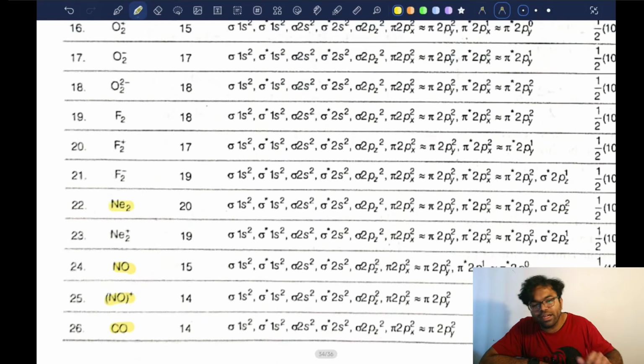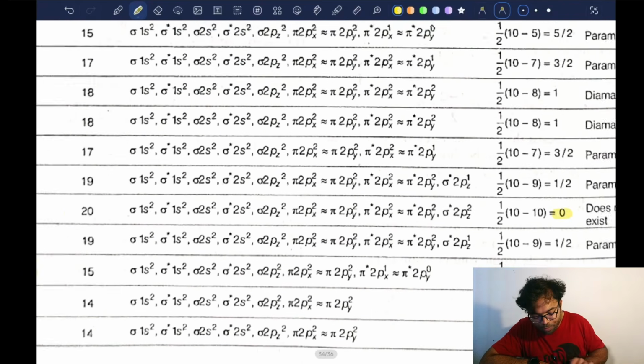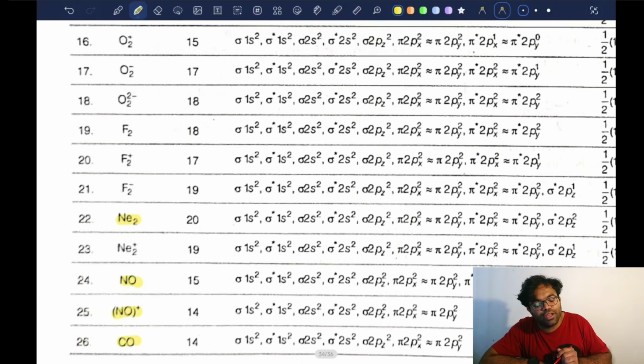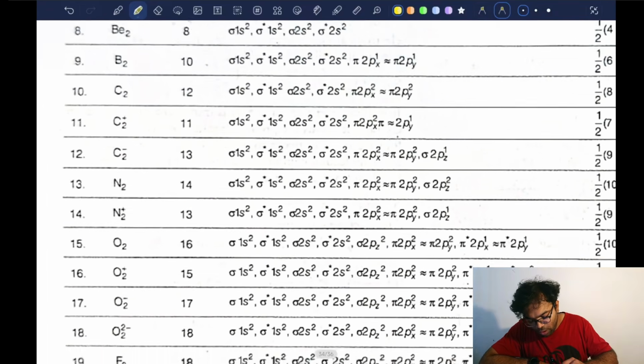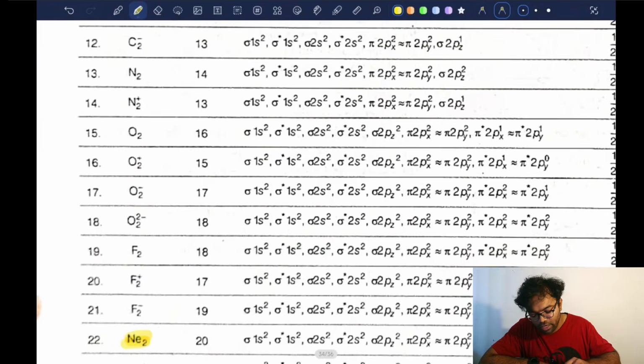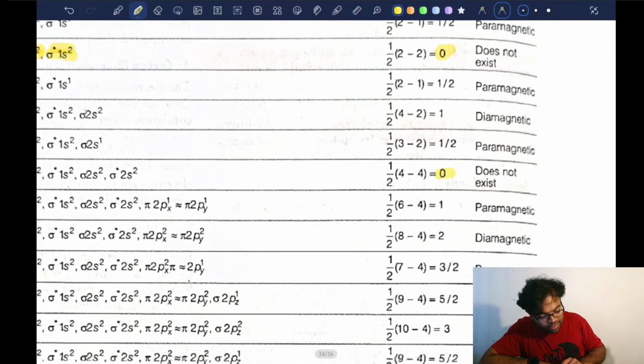Now, Ne2, will it exist? It won't exist because the bond order is again 0. So, neon is what? Neon is an inert gas, right? Therefore, the neon 2 molecule will not exist. Similarly, your Ar2 molecule will not exist. Similarly, your Be2 molecule will not exist.